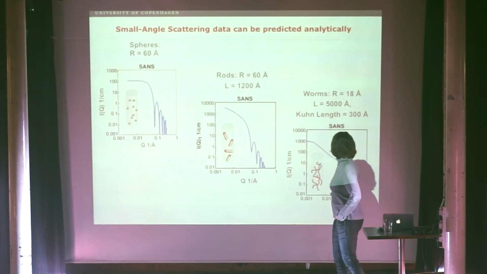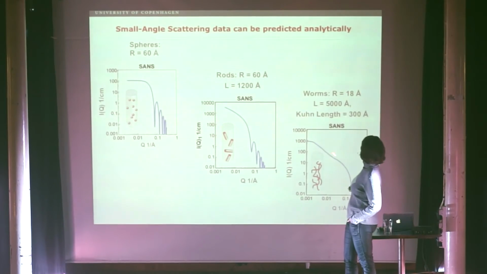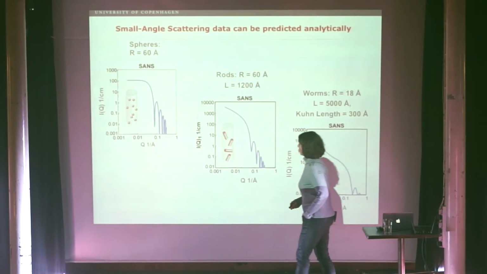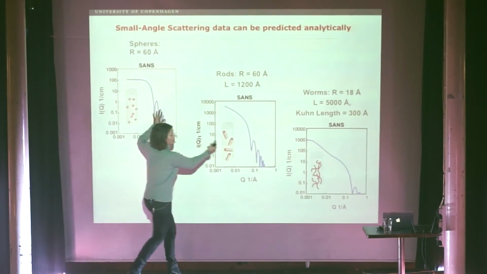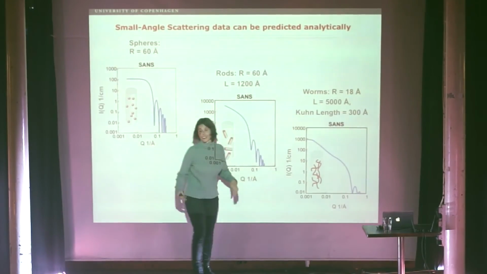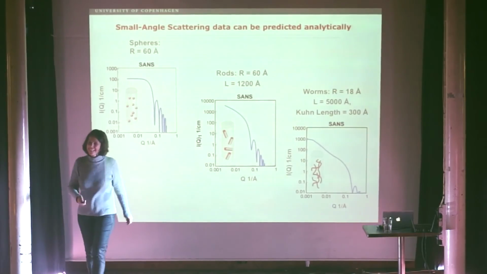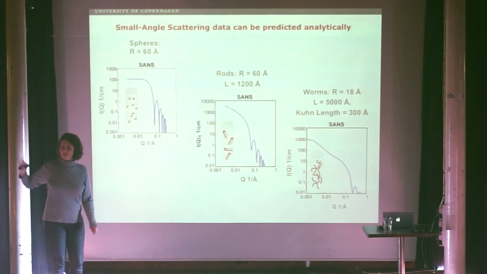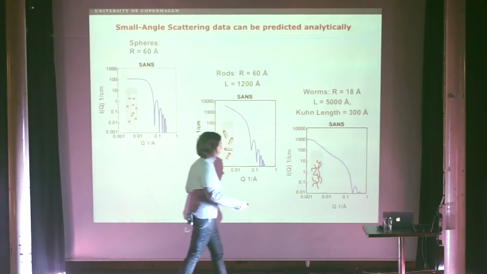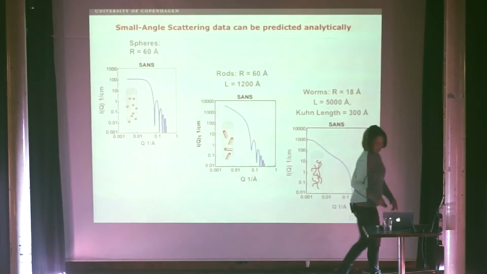If I had worm-like particles, as over here, it would look somewhat like this. If you're trained in looking at reciprocal space pictures, then you think that these pictures look dramatically different from each other. It's very easy to see the difference. If you're not so trained in looking at those pictures, it just looks like a decaying curve with oscillations and so on. But this is actually quite nice.